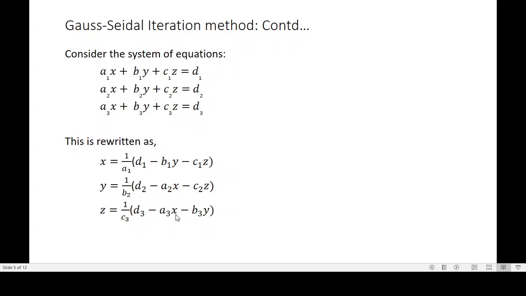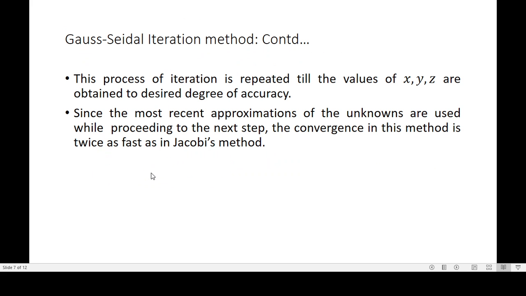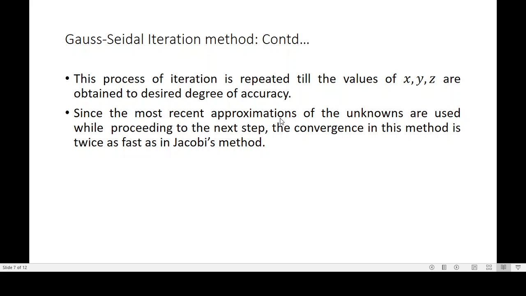Third equation, we substitute x is equal to x2, y is equal to y2 and find z is equal to z2. So this is the first iteration and this is the second iteration. We continue this process till the values of x, y, z are obtained to the desired degree of accuracy.